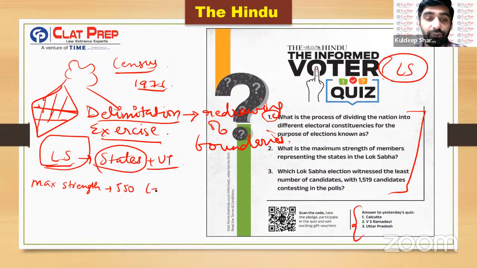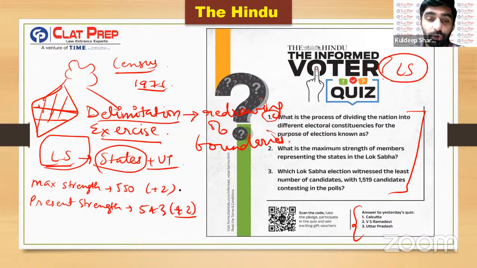Earlier it was 552. The present strength of the Lok Sabha is right now 543. Earlier it was 545. Earlier there were two seats reserved for the Anglo-Indian community, but recently we have removed that reservation, and now the maximum strength is 550 and the present strength is 543.